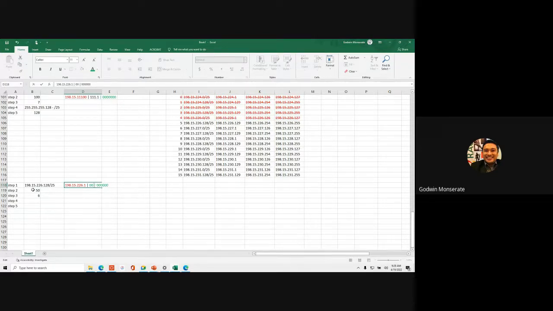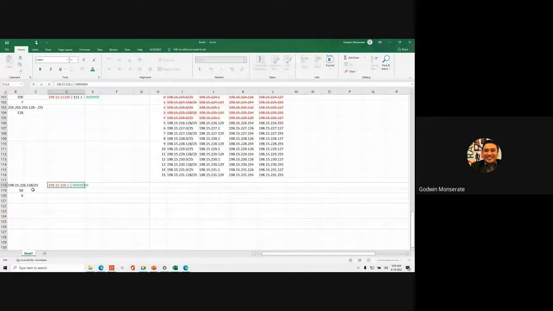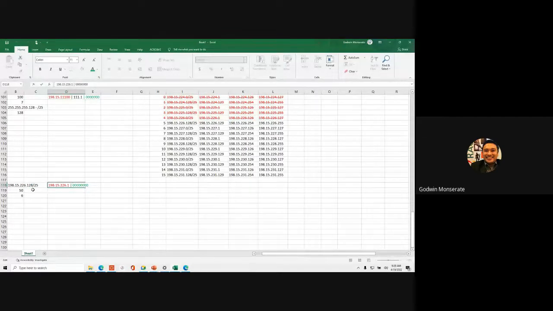This will be our number of hosts. I have leftover zeros, no? Okay? 1, 2, 3, 4, 5, 6, 7, 8. Those are leftover. Okay? And the ones are over here. So meaning 1, 2, 3, 4, 5, 6, 7, 8. Okay. We borrow 6. 1, 2, 3, 4, 5, 6. There you are.